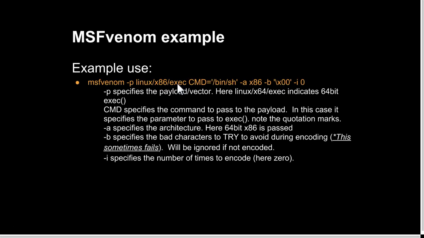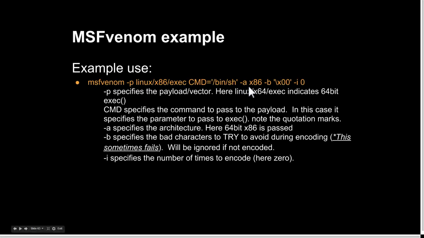For instance, in Linux x86, the classic exec. Basically push the arguments in the right way, according to the calling convention, and pass it the parameters you need to execute /bin/sh. So this is exactly what would be set up for MSF Venom.